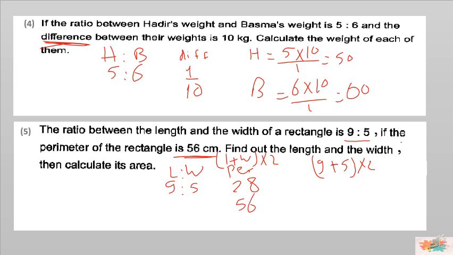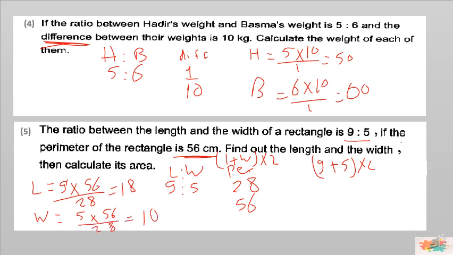So 56 over 28 will be what? 56 over 28 is 2. So the length will be 9 by 56 over 28 that is 18 and the width will be 5 by 56 over 28 so it will be 10.